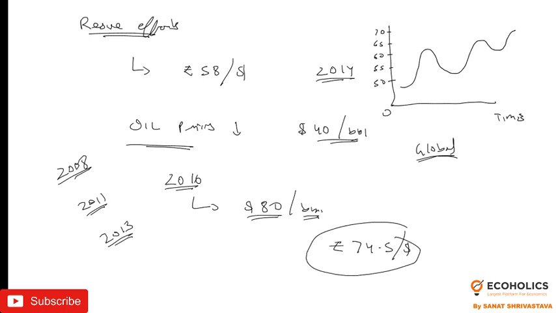Although this depreciation is helpful for the exporters, you know that India is exporting those goods which require raw material or input in the form of imports. Like India exports refined oil, but for that India imports crude oil.